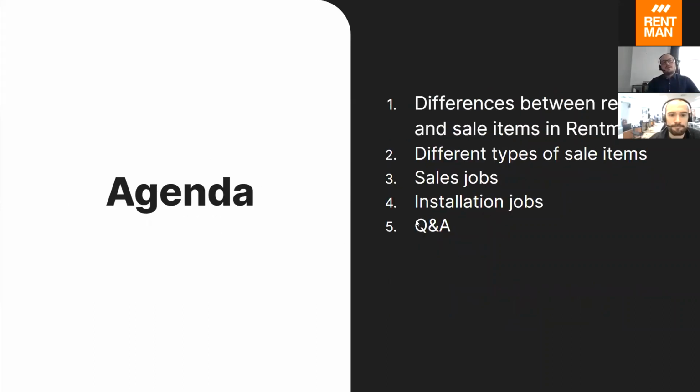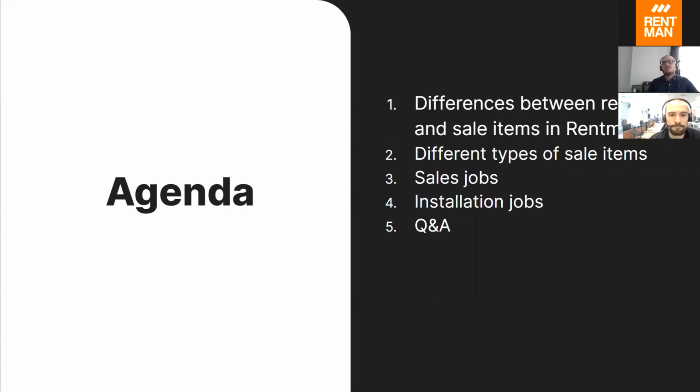The agenda for today's webinar is as follows. We'll start by talking about the differences between the rental and the sale items in Rentman, because of course they have a slightly different behavior, which is reflected also in how they actually work in the system. Then we will discuss the three most common types of sale items and how to best handle those inside Rentman.